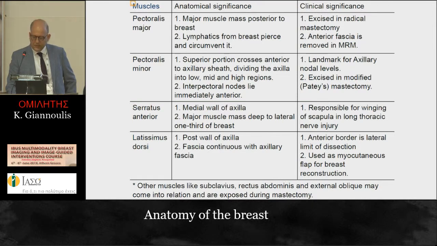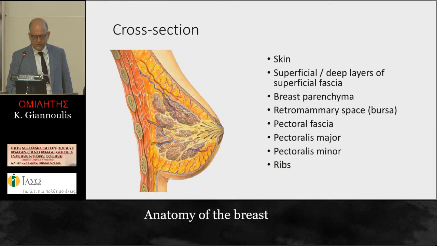Serratus anterior palsy is responsible for winging of the scapula when there is an injury to the long thoracic nerve of Bell, and latissimus dorsi represents the anterior border of dissection during axillary lymph node clearance and can be used as a myocutaneous flap during breast reconstruction.